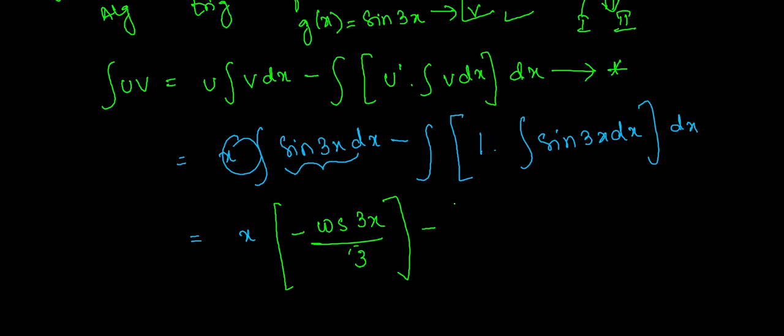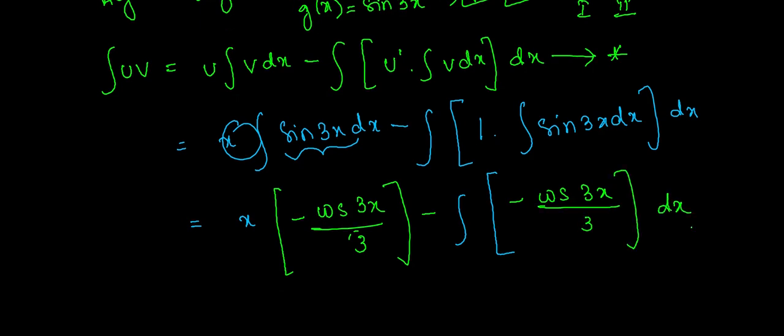Minus integration of, again you write here, integration of sine 3x, we write it as minus cos 3x divided by 3 into dx.